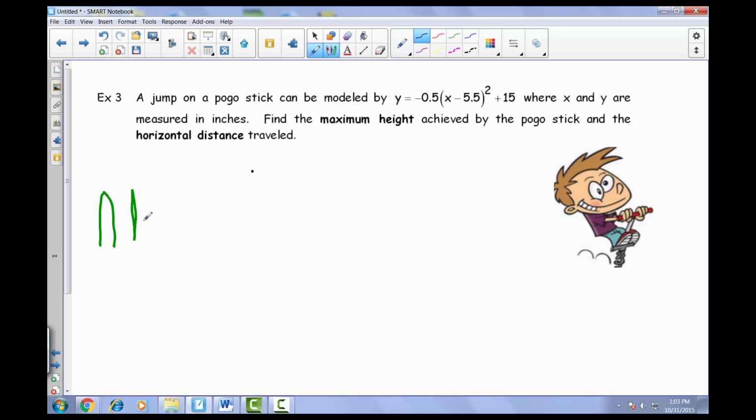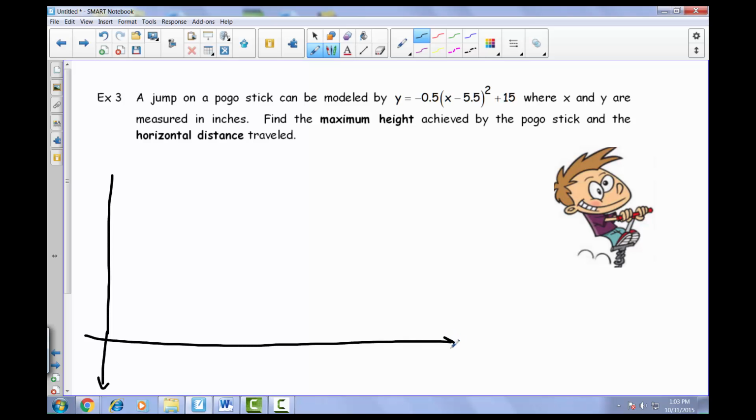So let's clear these. There we go. We'll start off by graphing our XY plane. And we know that our vertex is going to be at 5.5, 15.